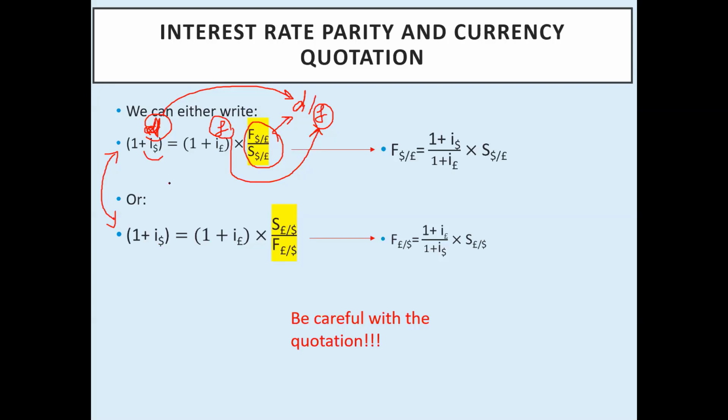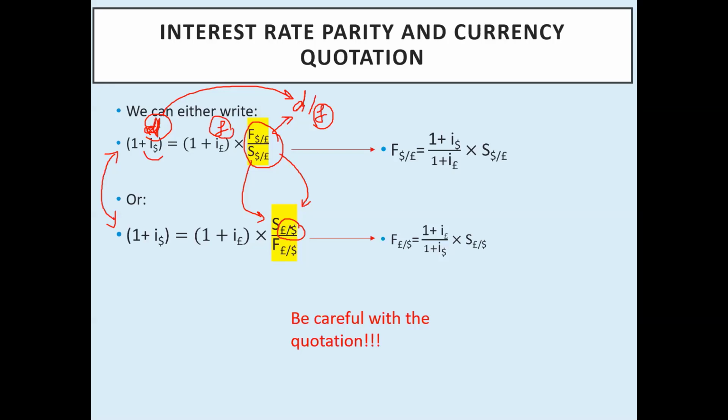In contrast, if I want to write this equation in terms of the value of the domestic currency, I can take the reciprocal of this rate. In this case, if I take the reciprocal, I'll be looking at the exchange rate between the foreign currency and the domestic currency.